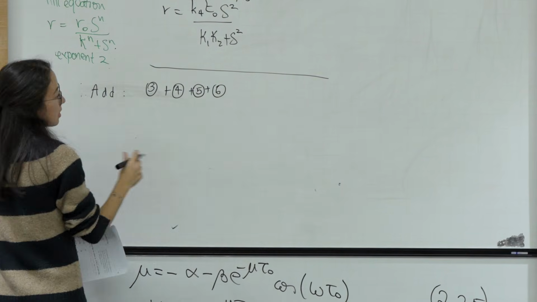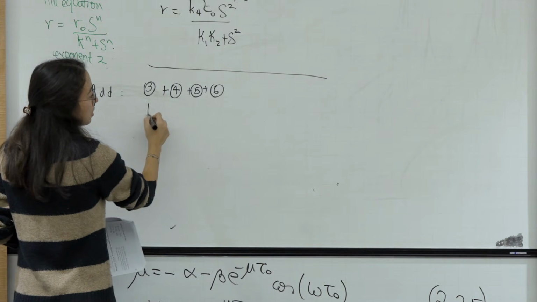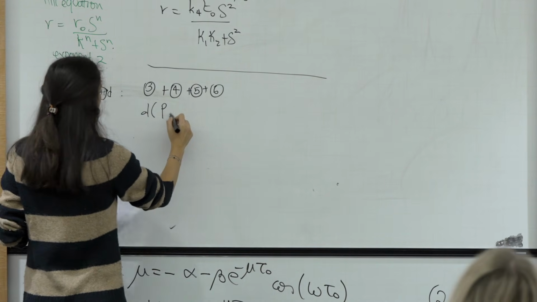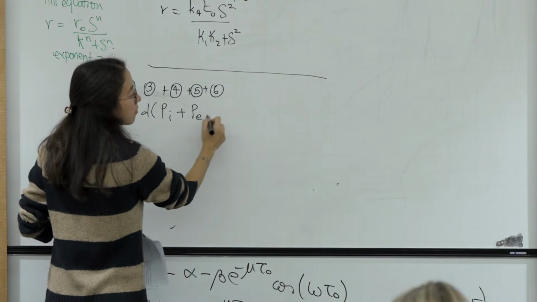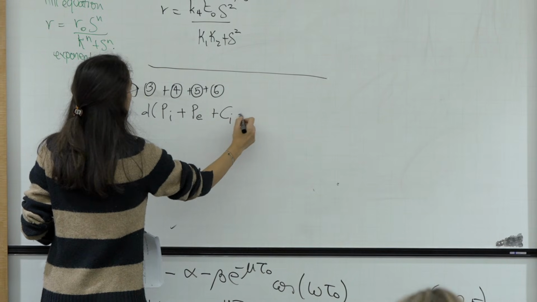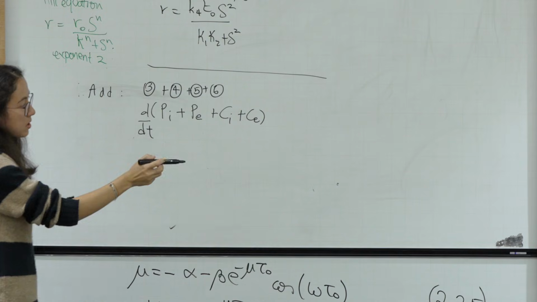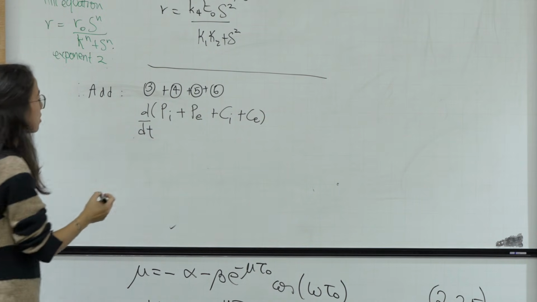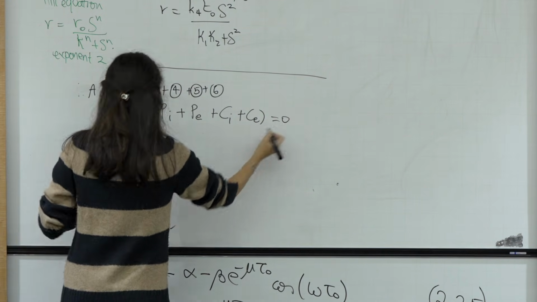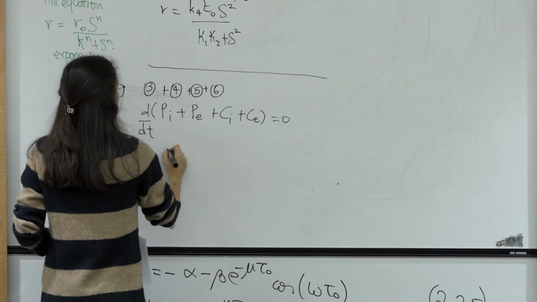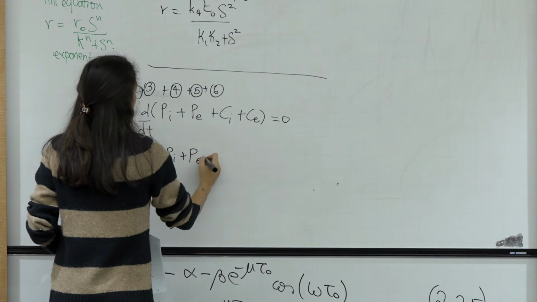And you're going to see that if I add all those equations, so what is 3? 3 is the product on the interior, the product on the exterior, and then the complexes in the inside and the outside of the cell. And you're going to be now seeing very clearly that this is just 0. So this means that this thing in the parentheses is basically a constant.